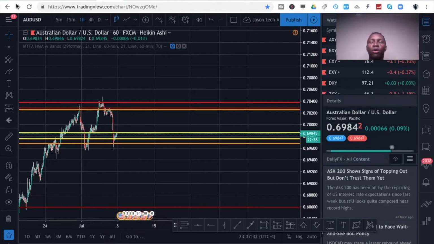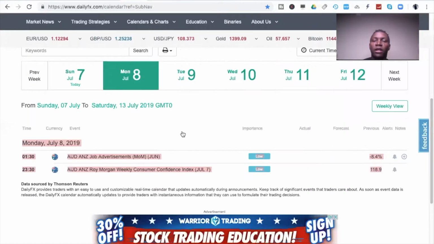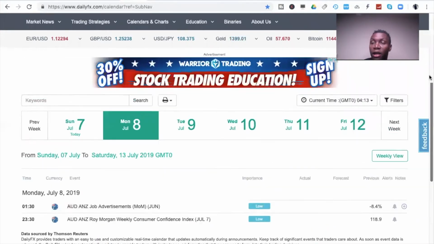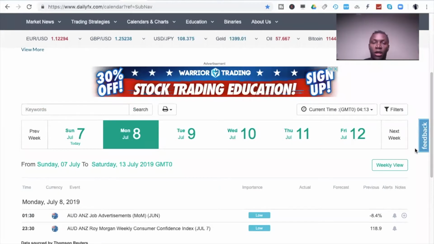But the next part is really key, and it would be the fundamental analysis and your indicators. The fundamental analysis is you actually knowing the news events. So for that, you're going to go to dailyfx.com. I'm going to snap over there to dailyfx.com, so you can see the actual events that come out and affect the market.